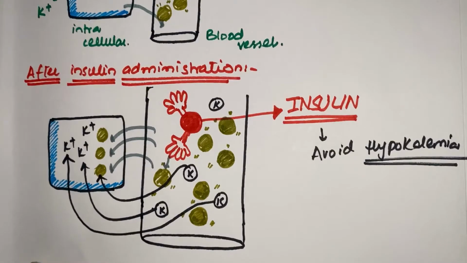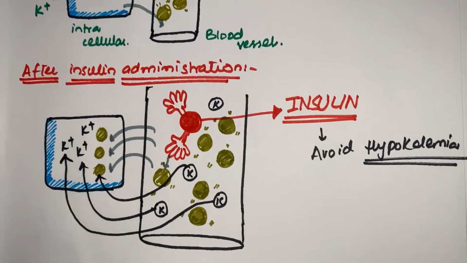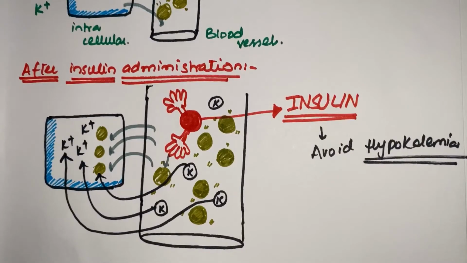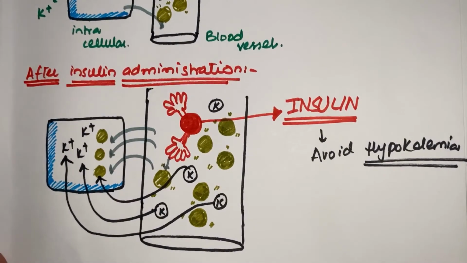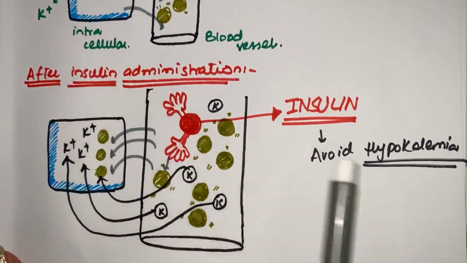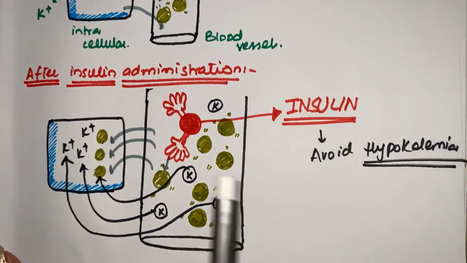But we have to take caution that hypokalemia doesn't develop, because that is very dangerous. This is the point that you have to take care of. So this was the whole discussion of the effect on potassium levels in a patient of diabetic ketoacidosis, and why during its management, during insulin administration, potassium moves back into the cells.